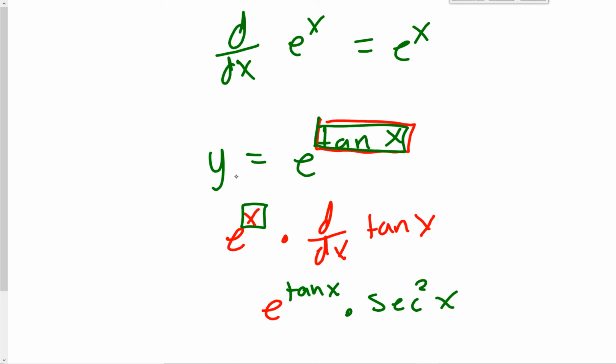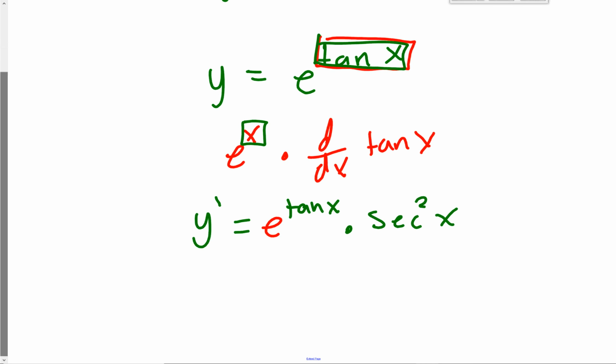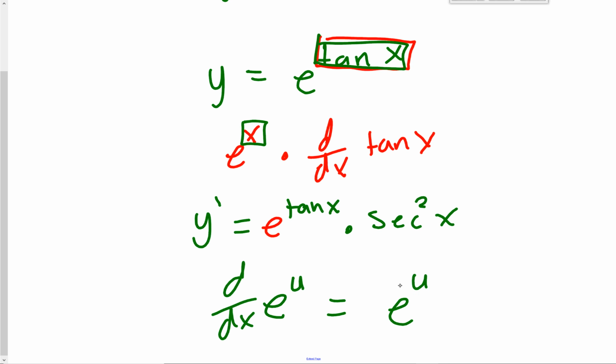So there's the derivative, y prime. So in general, if you're taking e raised to anything besides x, the derivative is just going to be e raised to whatever that is. I leave the inside the same, and then I times that by the derivative of u. Okay, so that's how you do those exponentials.